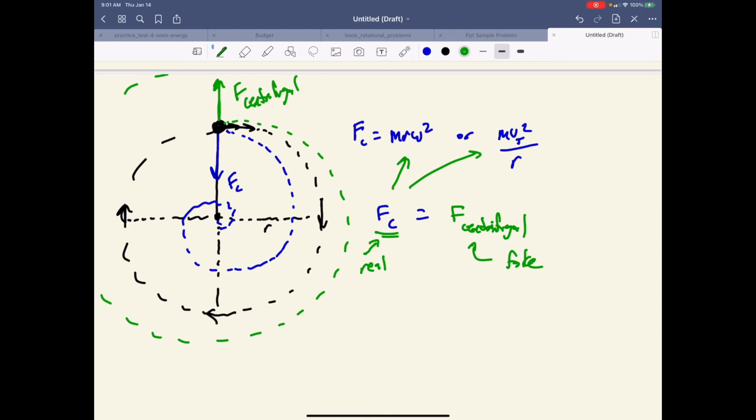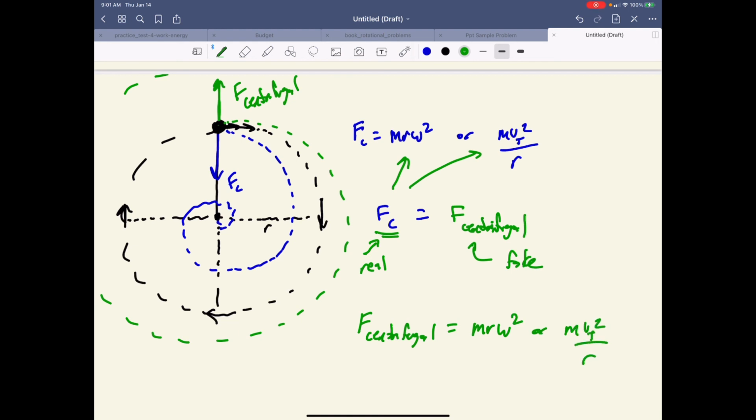So the equation for centrifugal force is the same as the equation for centripetal force, which means it's going to be m r omega squared or m v sub t squared all over r.